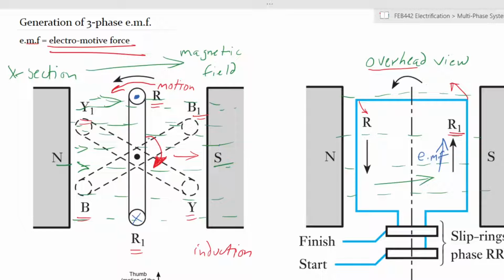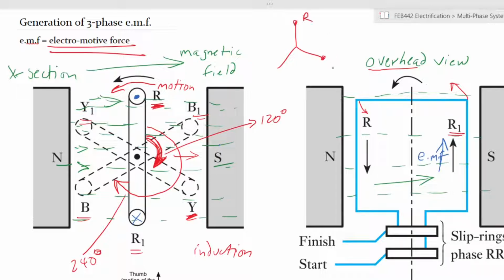So the angle between the R and the Y will be 120 degrees, and the angle between R and B all the way over here will be 240 degrees from R. So if R is the main one, then you have Y, then you have B, every one of those will be 120 degrees apart from each other.